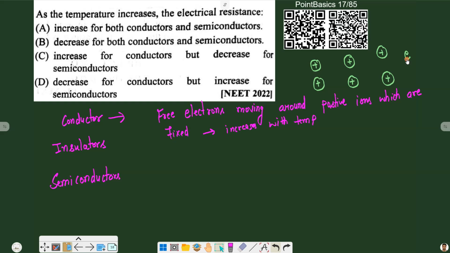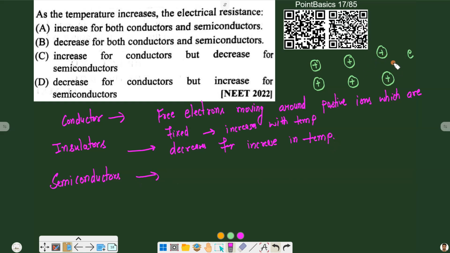And what will we have? We have conducting electrons. So the resistance of an insulator decreases with an increase in temperature.